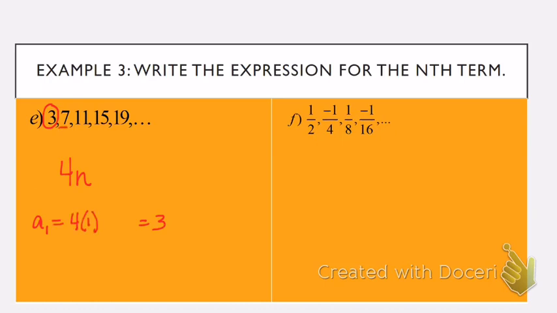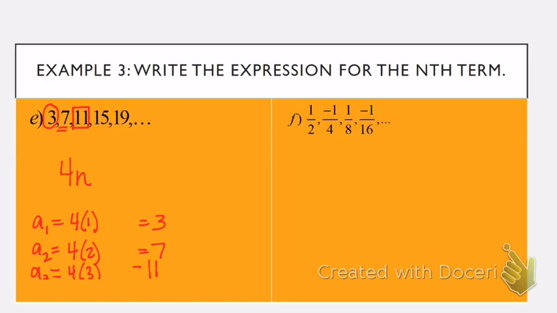In order for me to get the second term, which is 7, I have to plug in a 2 for n. In order for me to get the third term, which is 11, I have to plug in a 3 for n.